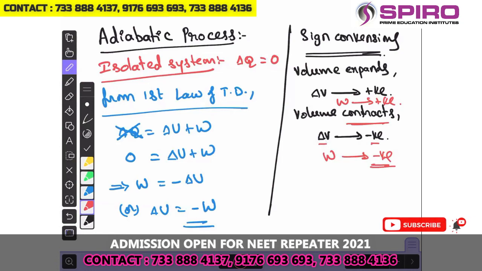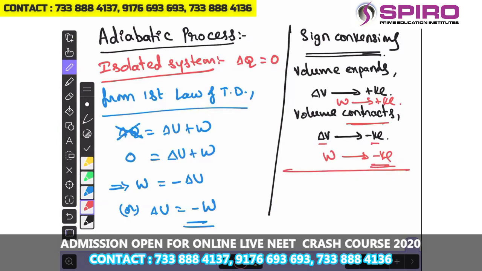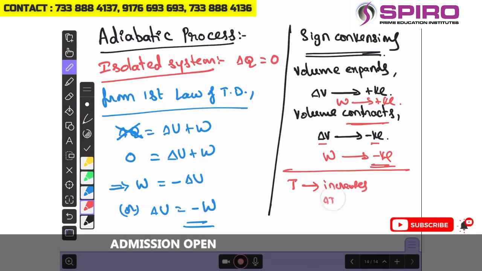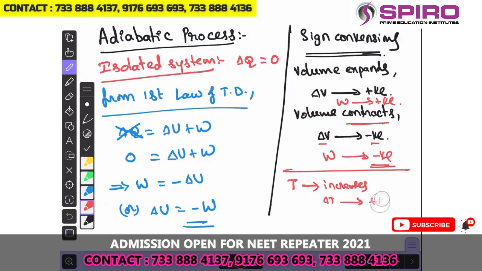The temperature conventions are: if temperature increases, then delta T is taken positive. If delta T is positive, change in the internal energy is also positive.